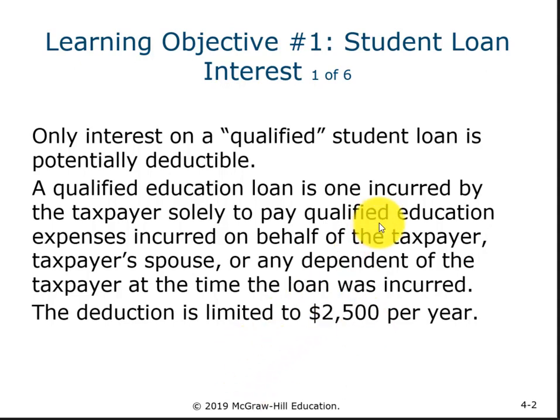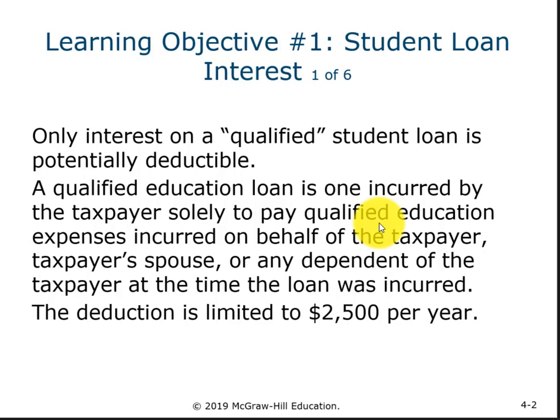We're talking about what those will qualify as on the next slide. It must be on behalf of the taxpayer, spouse, or any dependent of the taxpayer at the time the loan was incurred. So again, back to that definition of a dependent that we talked about back in Chapter 1.